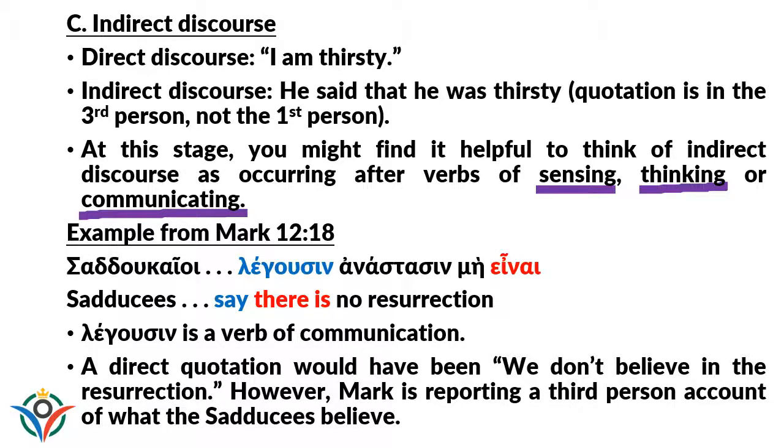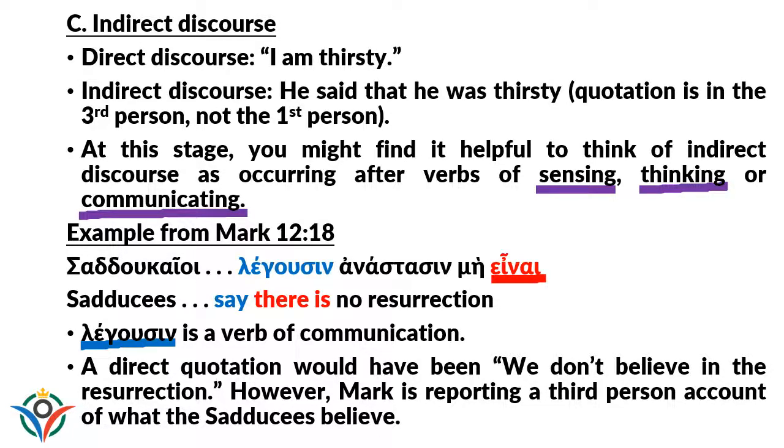The Greek reads, Sadukaioi legusin anastasin me enai. Sadducees say there is no resurrection. So legusin is a verb of communication, and so that is followed by an infinitive communicating indirect discourse, which in this example is enai.